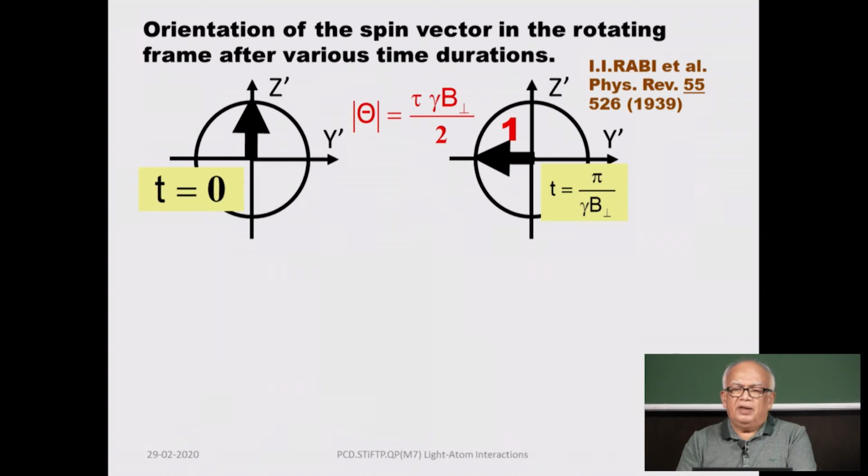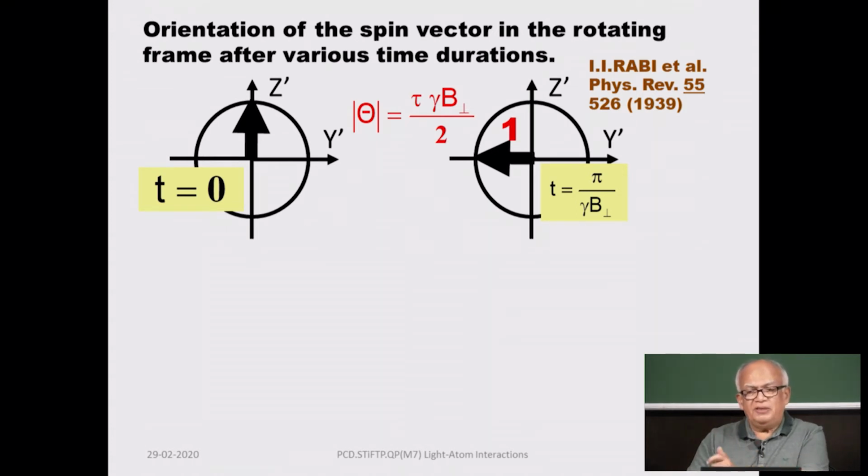Then if you are looking for a pi by 2 flip, you need to apply the pulse for pi over gamma B perpendicular, because if you multiply gamma B perpendicular by 2 by this time interval, you see that theta turns out to be pi by 2, right. What do you need if you want theta to be pi?